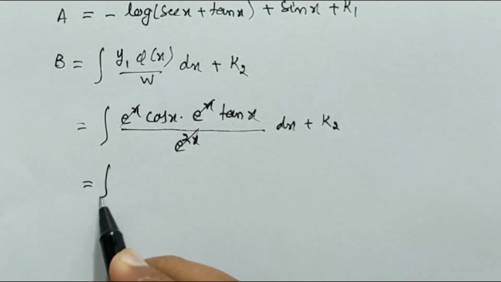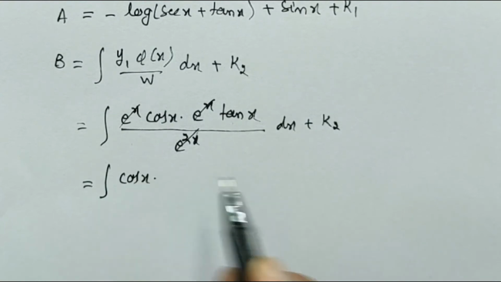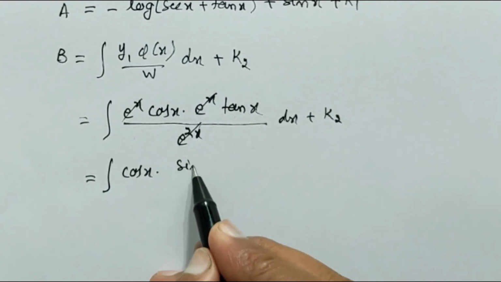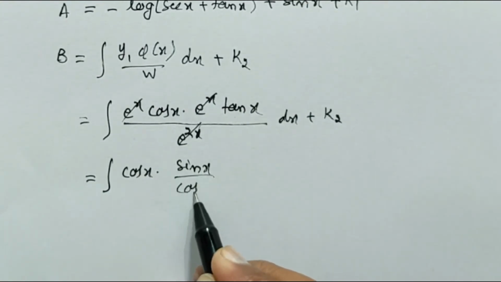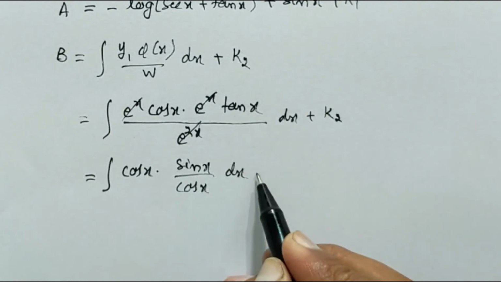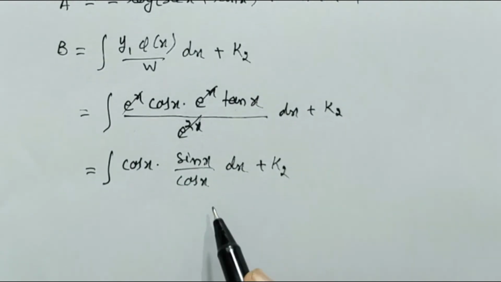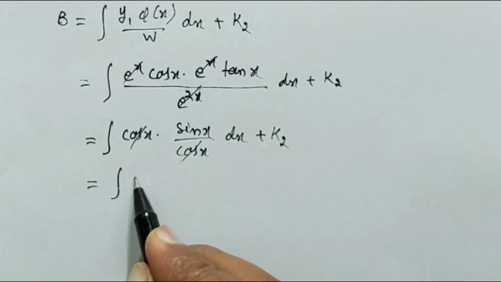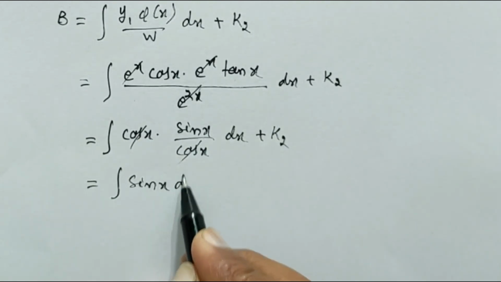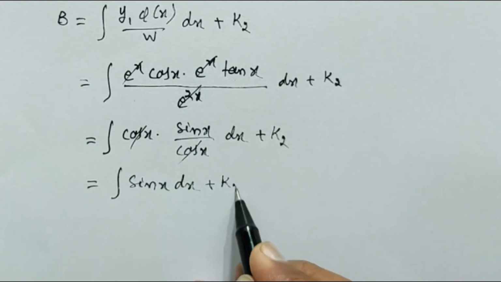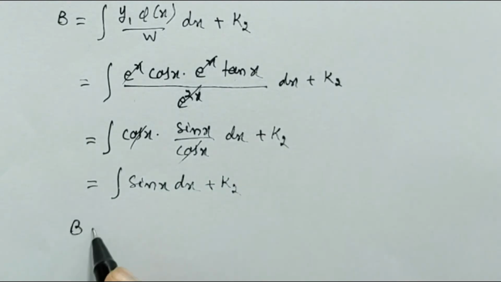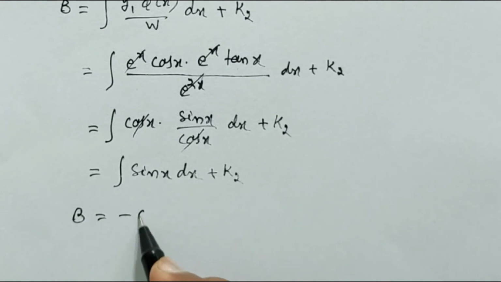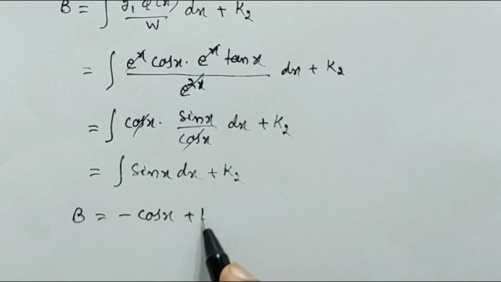So this can be further written as cos of x as it is. Tan x can be written as sine of x by cos of x, into dx plus this constant k2. So you can cancel out this cos and cos. You are just left with integral of sine of x into dx plus the constant k2. So integral of sine of x is nothing but minus cos of x plus k2.